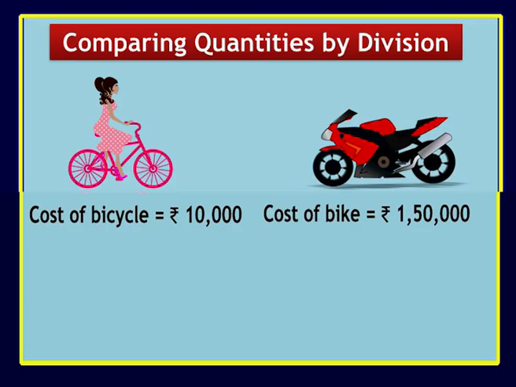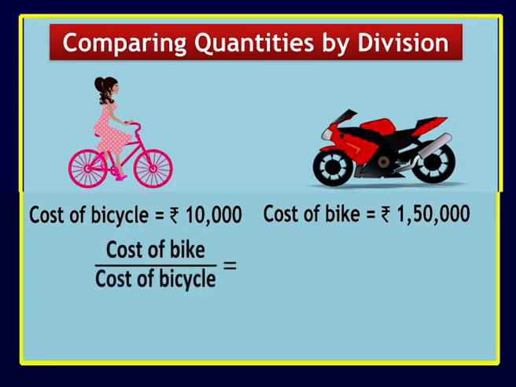1,50,000 rupees. Now children, I'll find the cost of the bike divided by the cost of the bicycle. That means 1,50,000 divided by 10,000. On simplifying, by cancelling the common factor, we get 15 by 1.